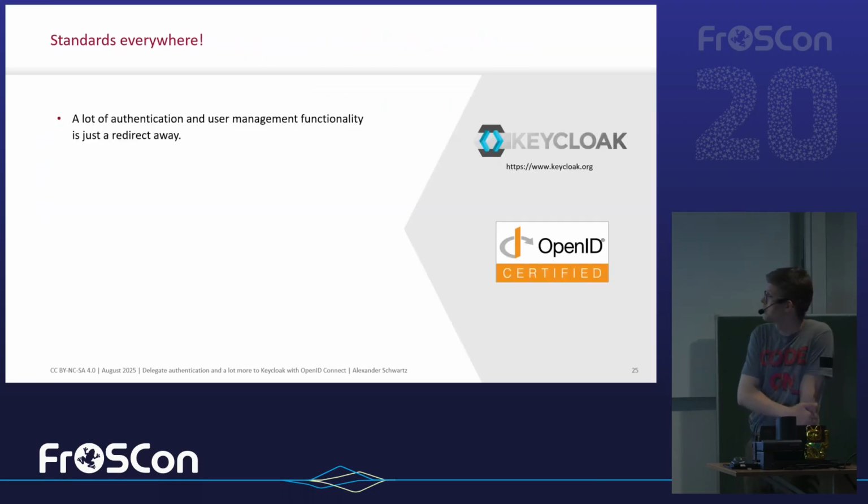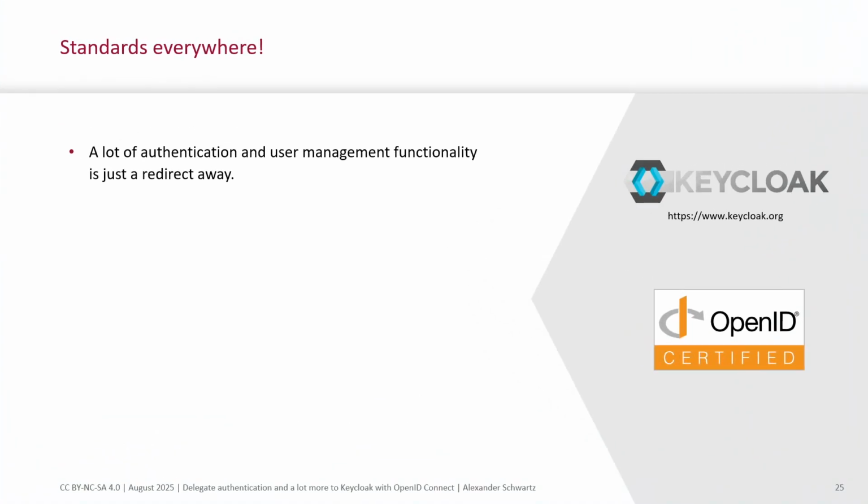What we've seen is, well, Keycloak has a lot of authentication and user management functionality. A lot of that can be used by putting a redirect in your existing application. It might then trigger some regular OpenID Connect functionality, or eventually also SAML if you're a fan of SAML.